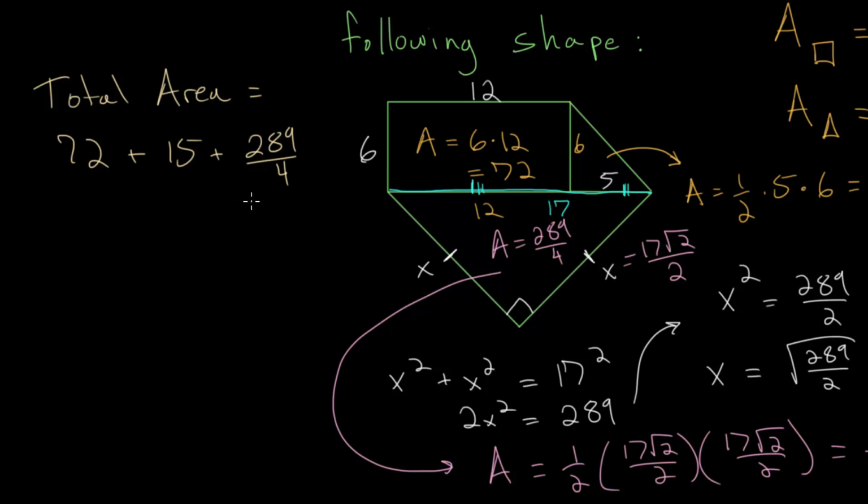This would just be 72.25, and if we add all of these together, 72 plus 15 plus this 72.25, we get 159.25, and since we didn't have units, we can just say we have square units.